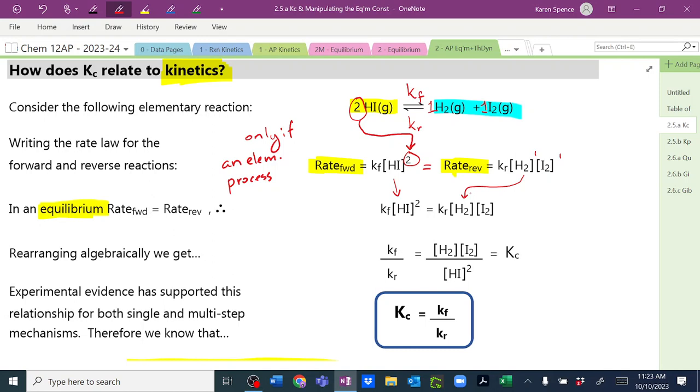So far, so good? Okay. Now, let's rearrange it. We're going to take our products and keep them on the top. Yes, there's our products. And we're going to take our reactants and put them on the bottom. Yes, so now we have products over reactants.